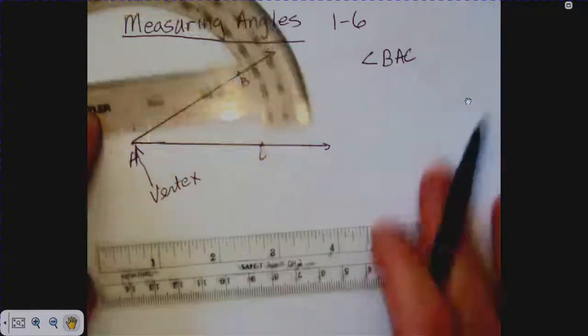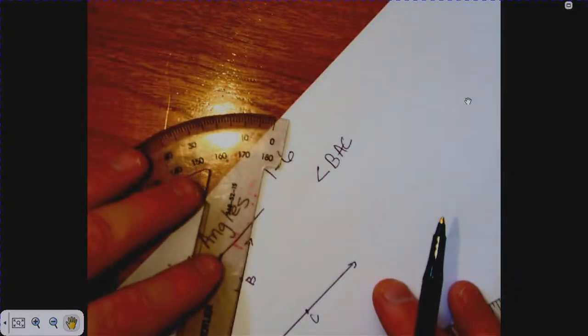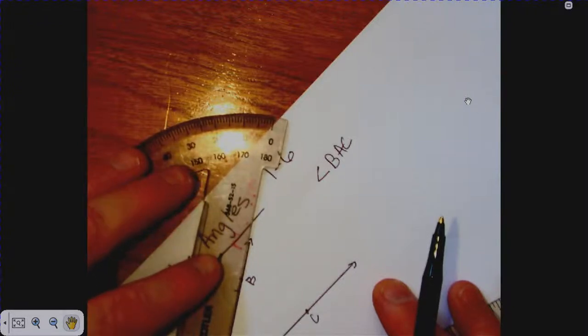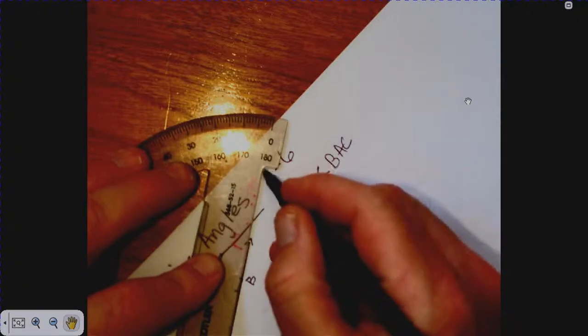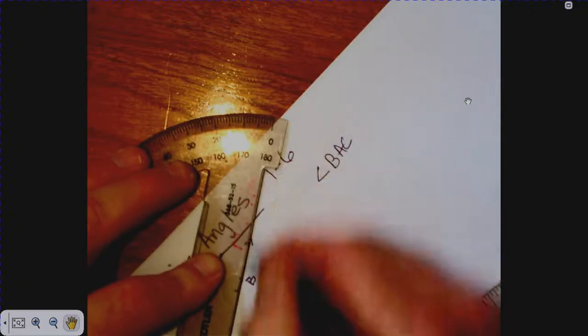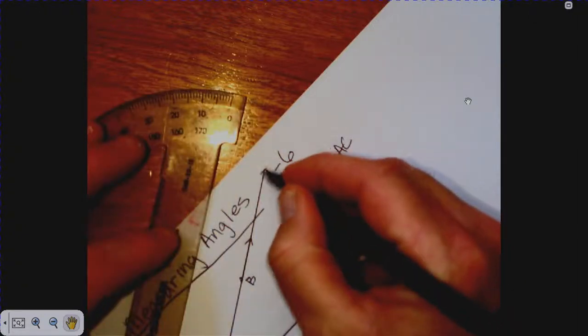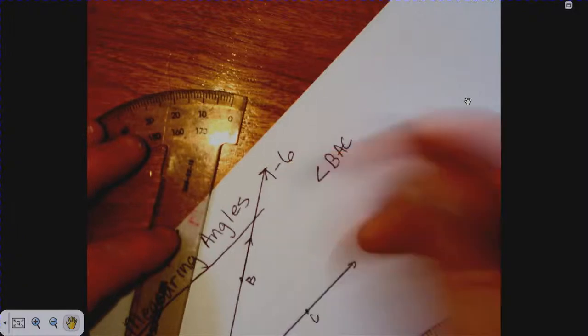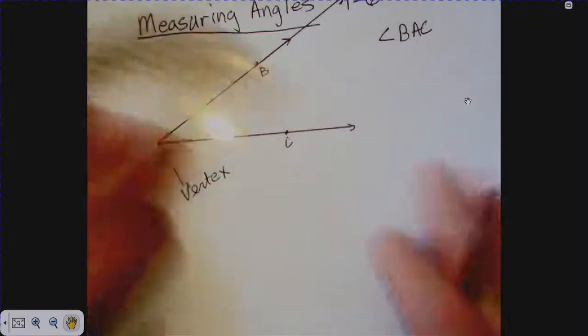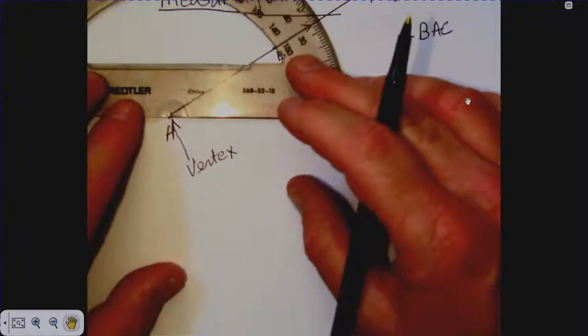Now you notice that here it actually does come up enough, but it doesn't quite come up through the thing. So if you ever have your ray too short, you can always extend your ray, because a ray obviously goes out infinitely. You can take your pen and extend your ray. Obviously don't do it in your book, but on a piece of paper you may. Then it's easier to measure.